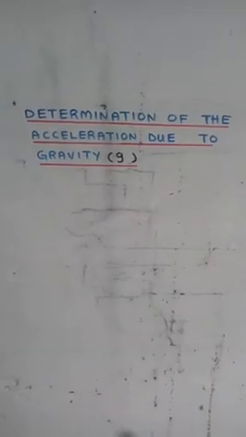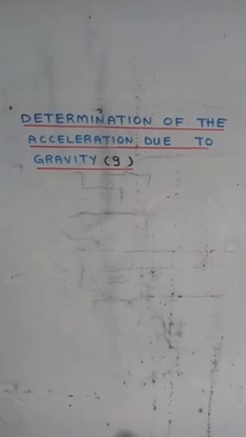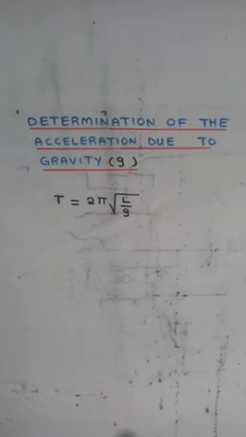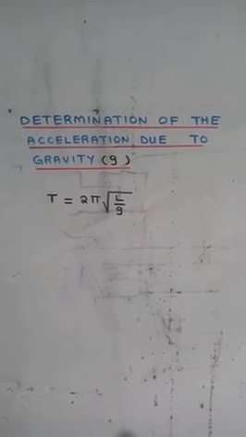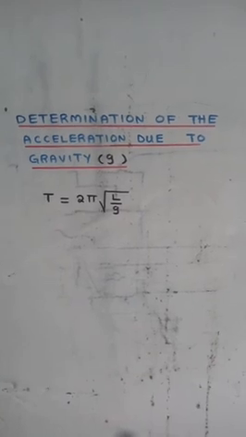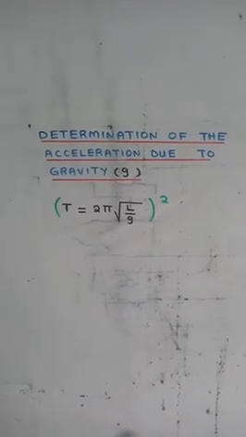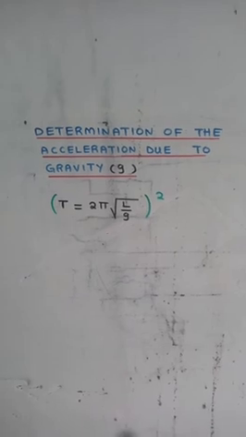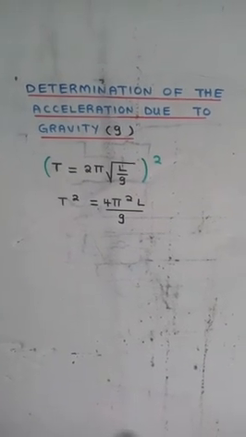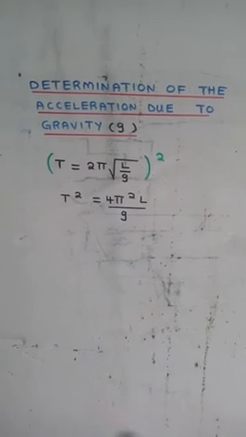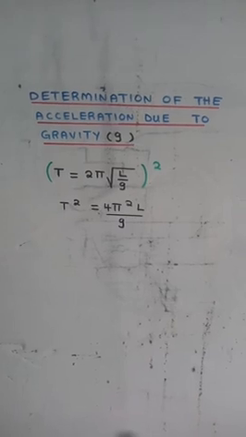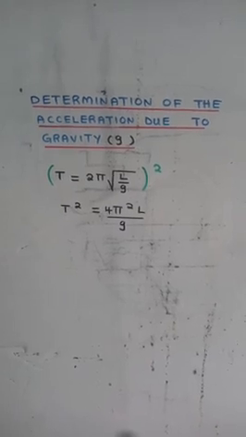Determination of the acceleration due to gravity g. By using this formula, T is equal to 2 pi the square root of L over g, square on both sides. Then T square is equal to 4 pi square L over g. Make L the subject of the formula.